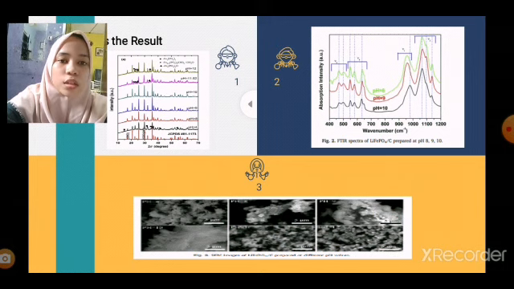This is picture number 2. To further investigate the presence of Fe antisite defects for the single phase of lithium iron phosphate, the FTIR spectral analysis for pure lithium iron phosphate prepared at pH 8, 9, 10 was also conducted. The FTIR spectra of pH 8, 9, 10 samples are presented in picture number 2.